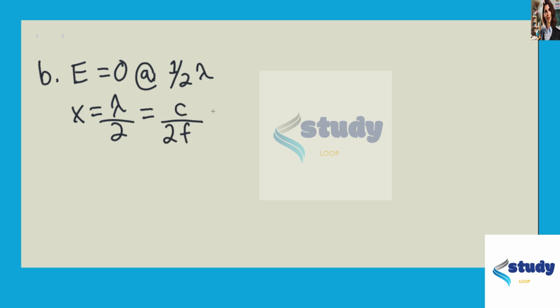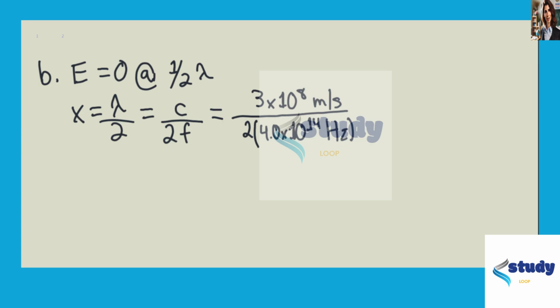We can then solve: this would be 3 times 10 to the 8th meters per second divided by 2 times the frequency, 4.0 times 10 to the 14th hertz. And here, x will be equal to 375 nanometers.